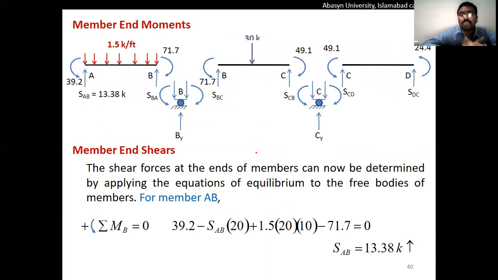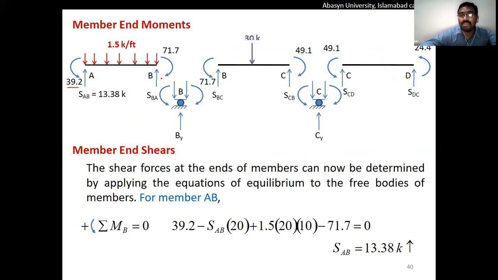Once we have the moments, the second step that we have to follow is to calculate the values of the member shears. In order to calculate that, we have to show the values of the moments on the actual beam. At point A we have a moment of 39.2 kip-ft.